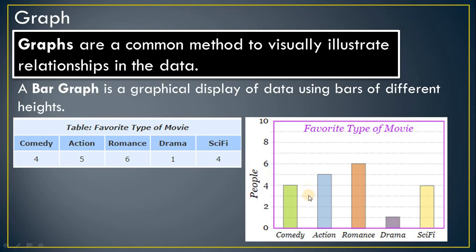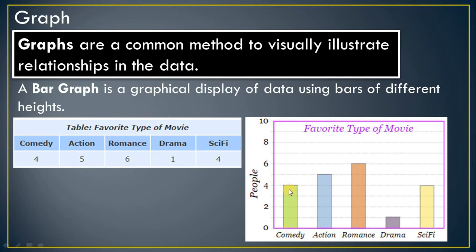And in this bar graph, the vertical bars also have a uniform difference. Here is a 1 unit difference, so here also 1 unit, here also 1 unit, like that. Downside we write the name of the movie type.